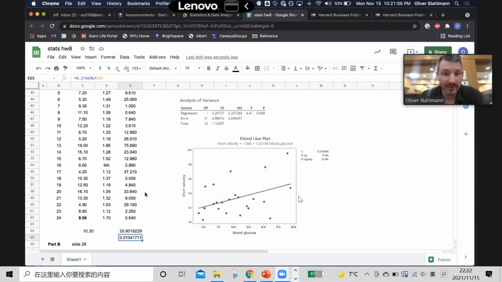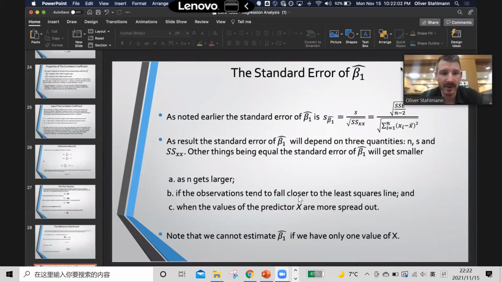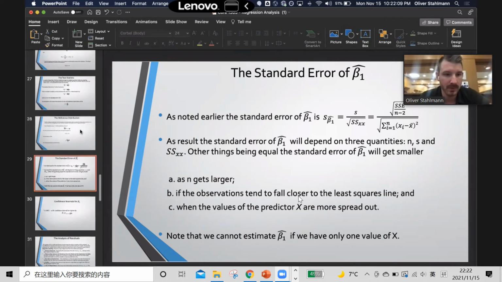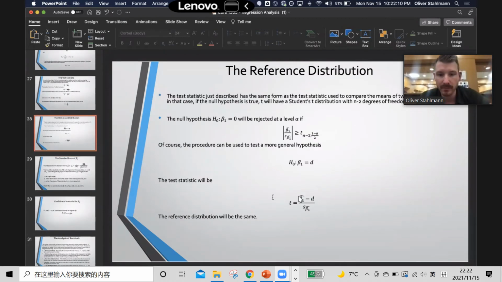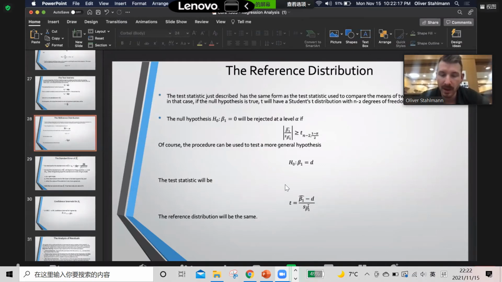Did you do the t-value? We're working on it. We just figured out the standard error, which is SB1 hat, right?